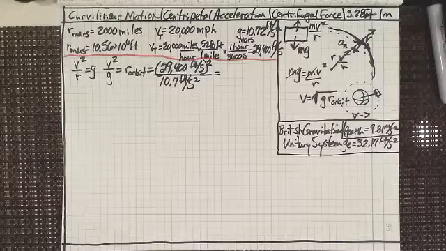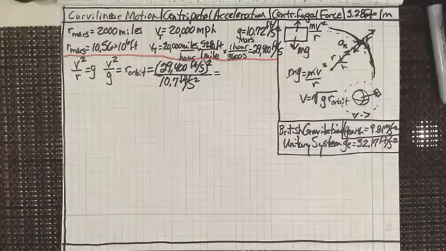Well, that's not right. 10.72, V squared, and I have V correct. Let me just try that again. Squared divided by... All right, just a second. Let me check something.